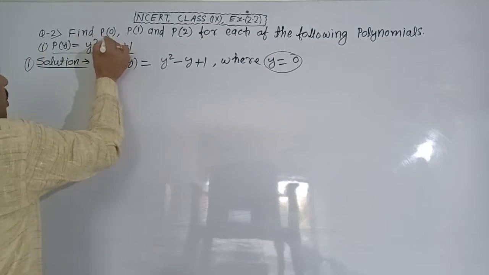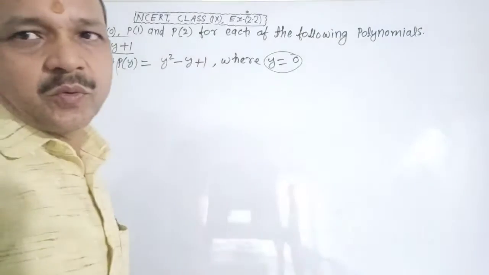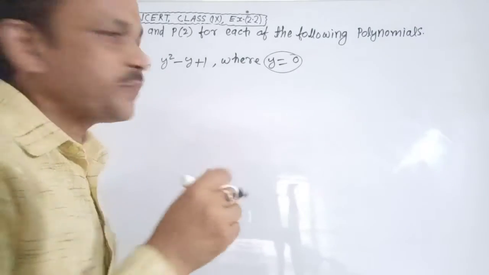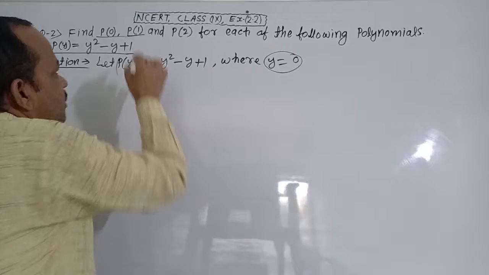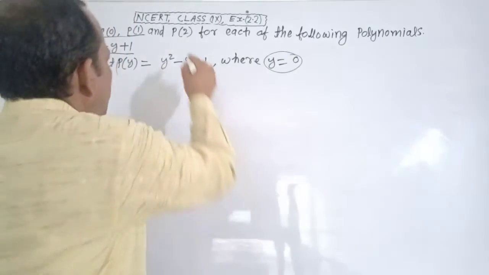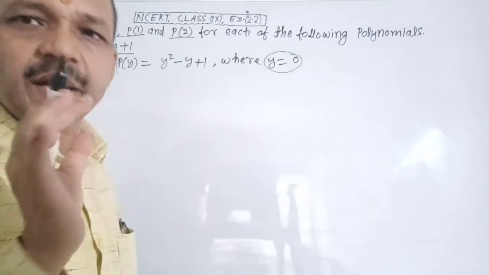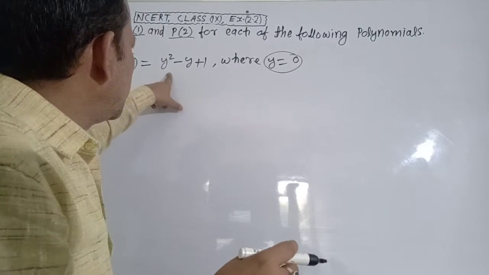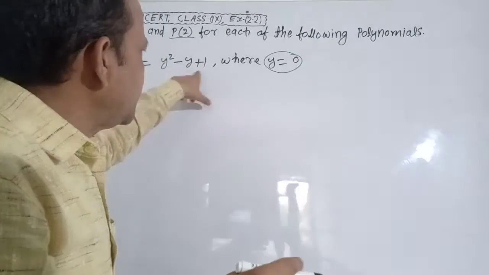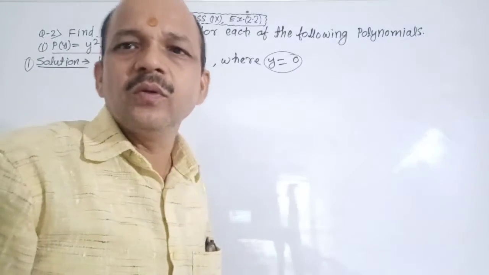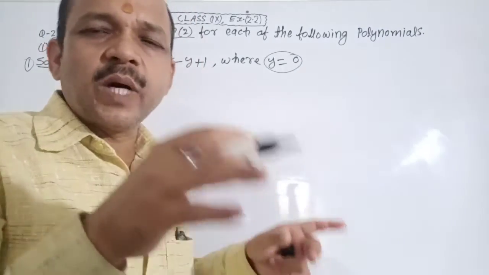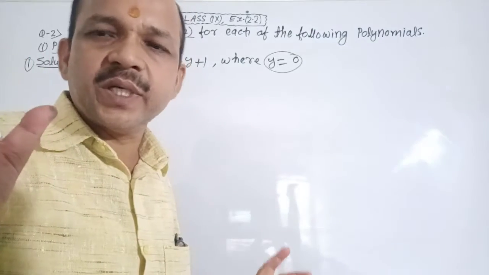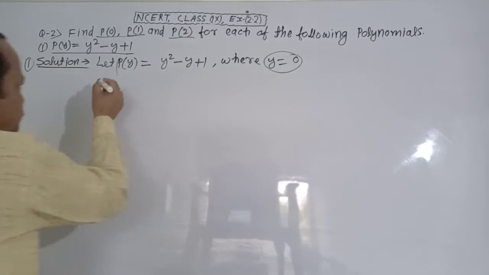Y equal to 0 in the first step. In the second step y equal to 1. In the third step y equal to 2. Clear? It means you put y equal to 0 in the given polynomial. Clear? See the book.